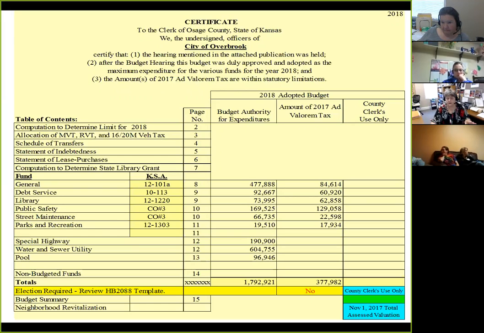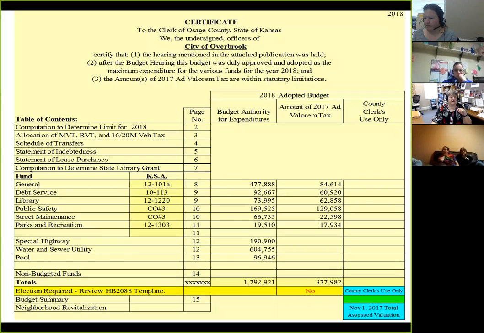Everybody's really happy. Now, in November, the final valuation will get added here, and the county clerk will write in the adjusted mills based on this valuation down here. However, none of the dollar amounts will be affected. None of them. Not one.